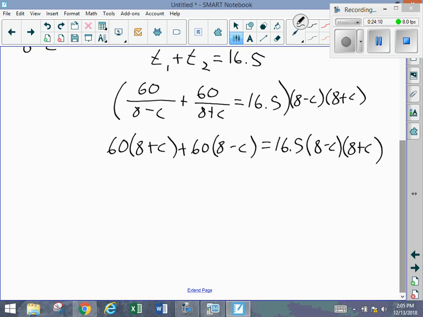I'm going to FOIL that and then distribute the 16.5. 60 times 8 is 480, plus 60c when I distribute this. And then 480 minus 60c is going to be equal to 16.5 times, when I multiply this out, 64 minus c squared.